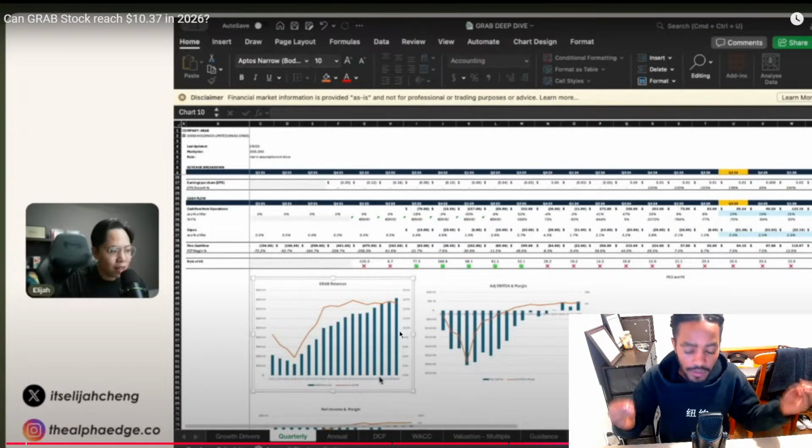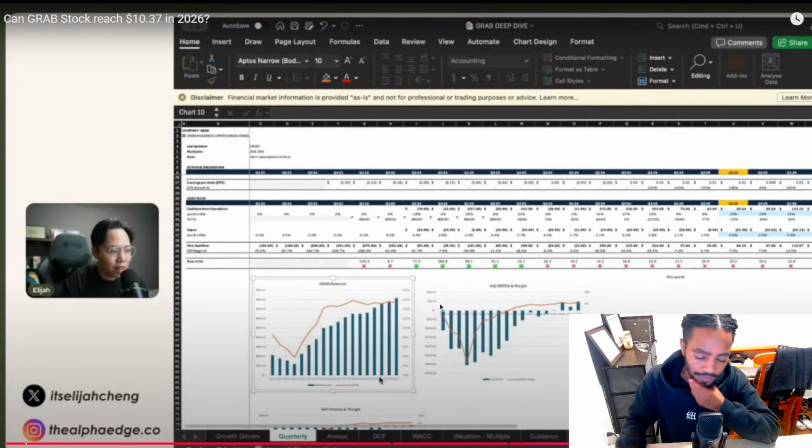If Grab is able to give benefits to both ends of the market, I think at the end of the day, Grab is going to be able to keep those customers and make their platforms very, very sticky.